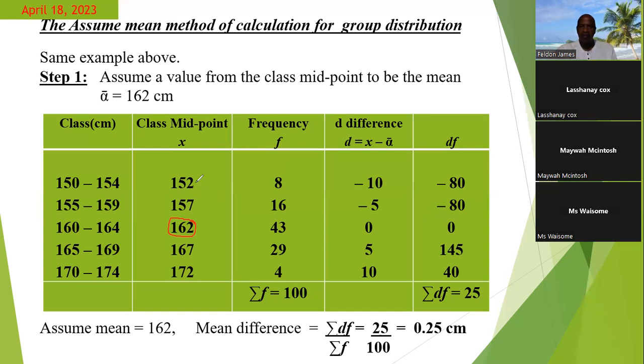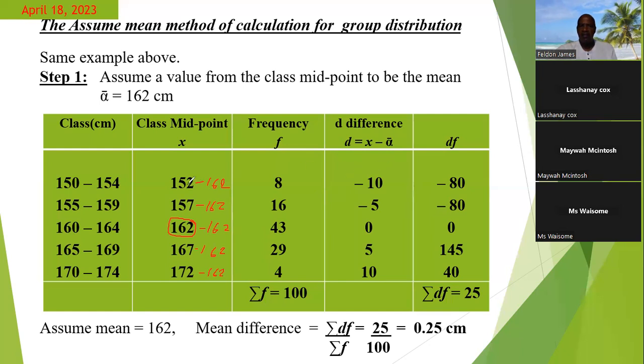So in other words, you would subtract 162 from this value. Whatever your assumed mean is, you subtract it from all the values. All right, so after you do the subtraction, you're going to write those values in this column.